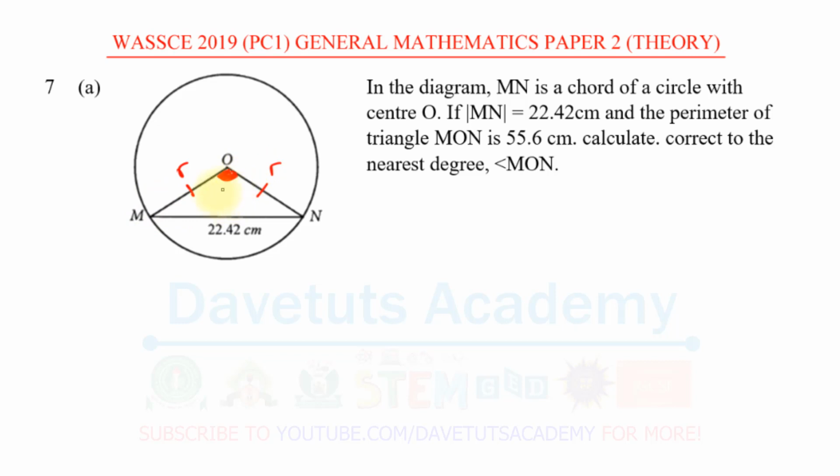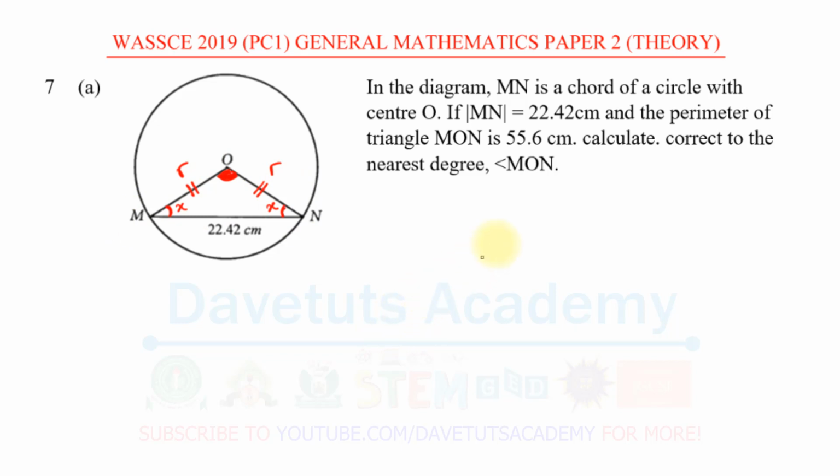And inherently, when the two sides are equal, then the base angles are also equal. So I can also say from this angle and this angle, they are going to be equal. So let me call this x. I can also call this x.